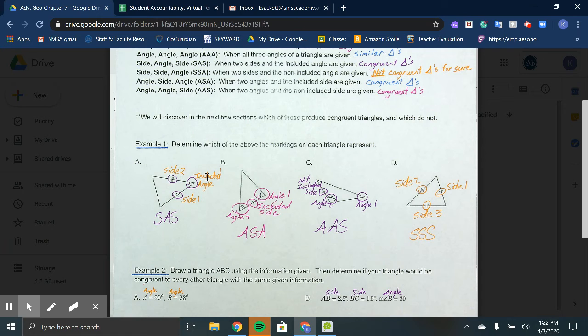The reason I call it sandwiched is it's in between, or included between, the two sides, so that would be side, angle, side. In B, we were given an angle, a side in the middle, and another angle, so that would be angle, side, angle. In C, we were given an angle, and a side, so that would go angle, angle, side. And in D, they gave us 3 sides, so that would just be side, side, side.